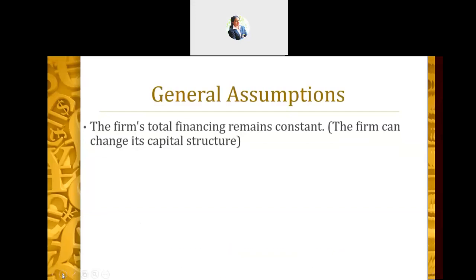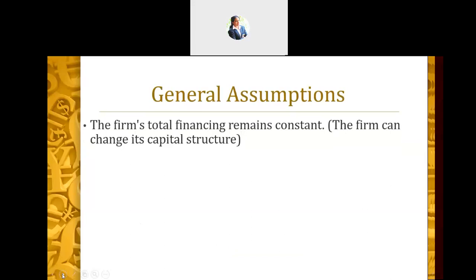And the next assumption is that the firm's total financing remains constant. That is to say, the proportion of debt and equity might change, but the total amount remains the same.